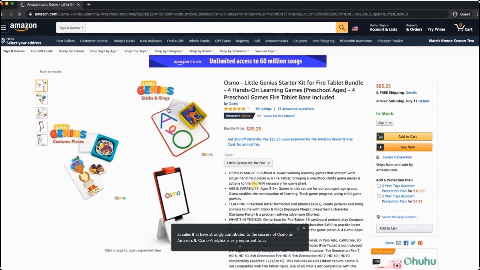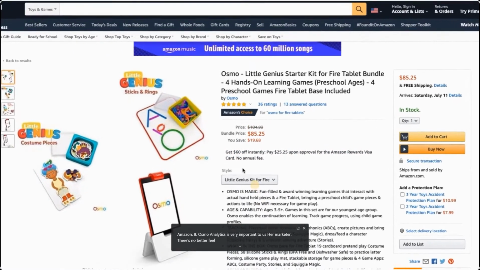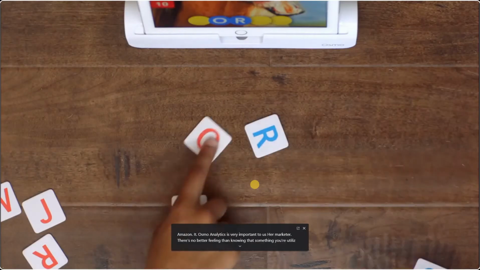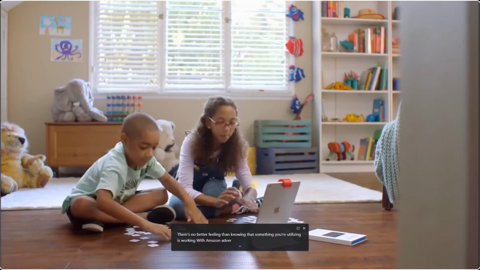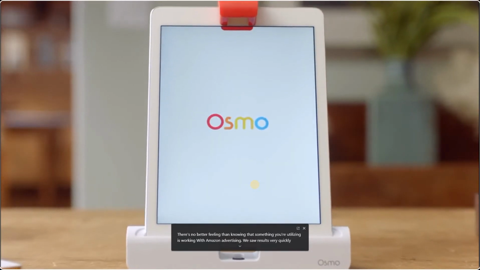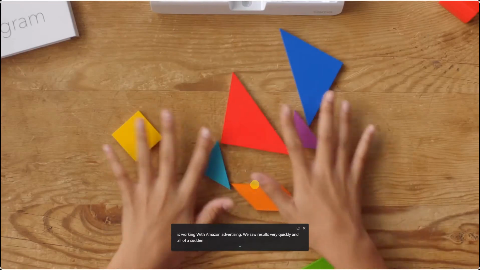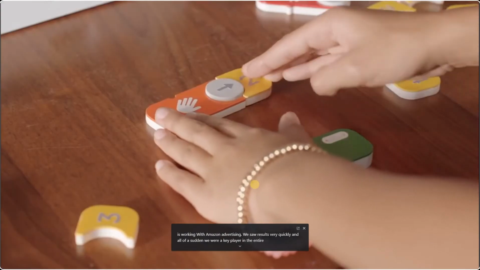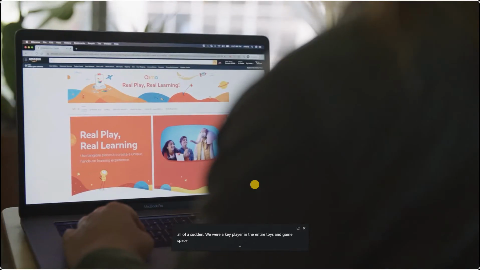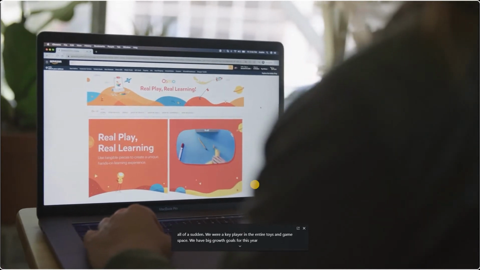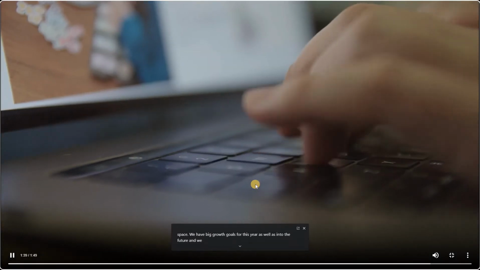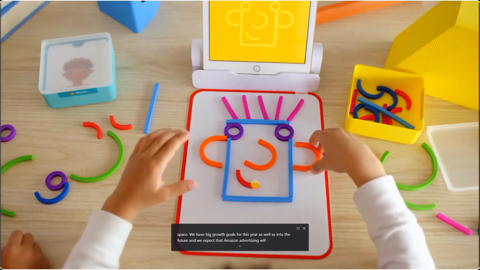At Osmo, analytics is very important to us. For a marketer, there's no better feeling than knowing that something you're utilizing is working. With Amazon advertising, we saw results very quickly. And all of a sudden, we were a key player in the entire toys and game space. We have big growth goals for this year, as well as into the future, and we expect that Amazon advertising will play a significant part of that growth.